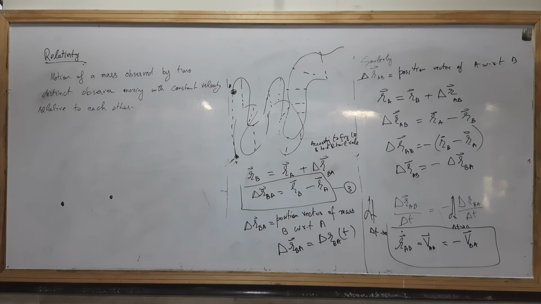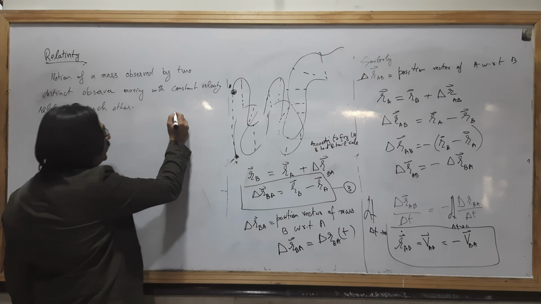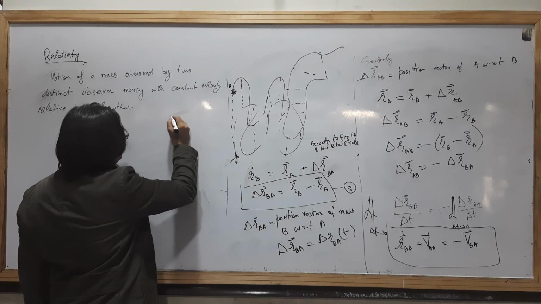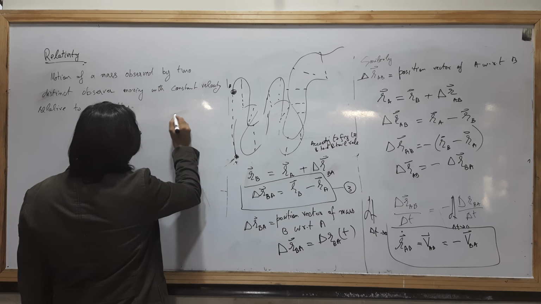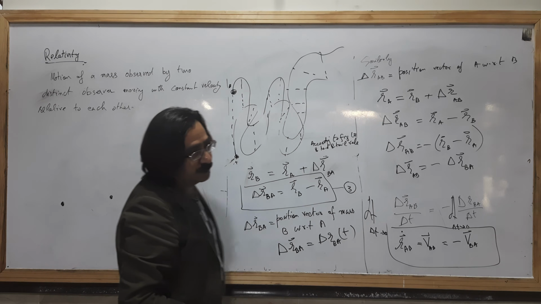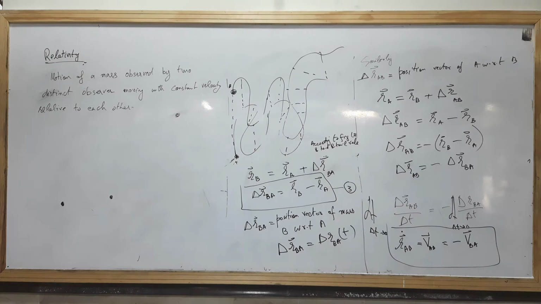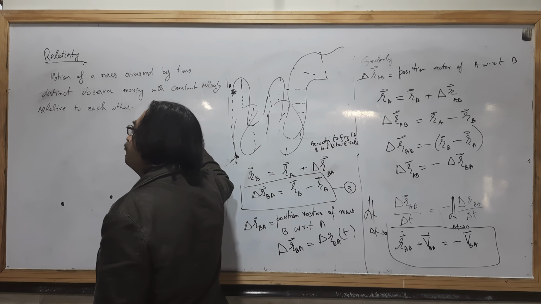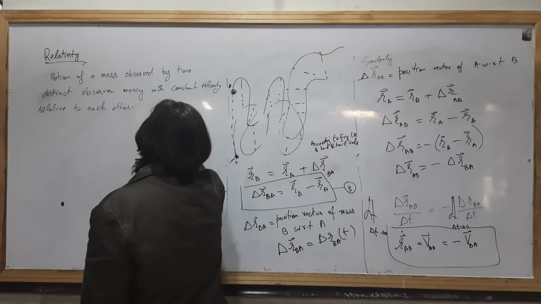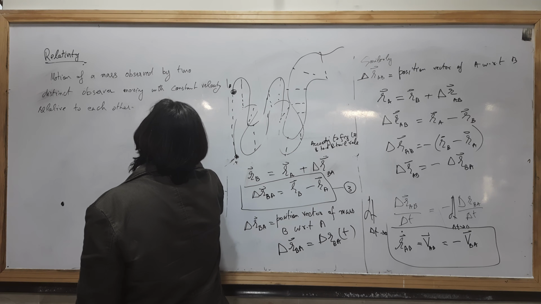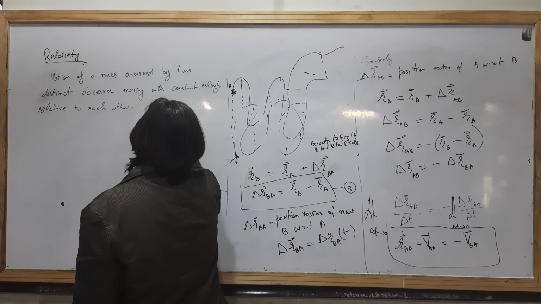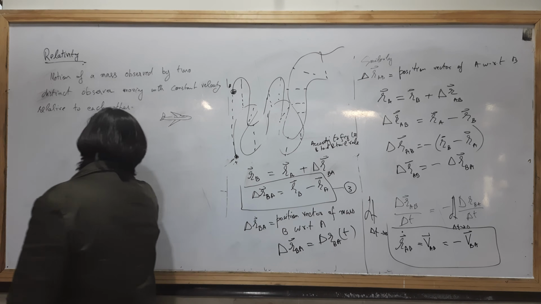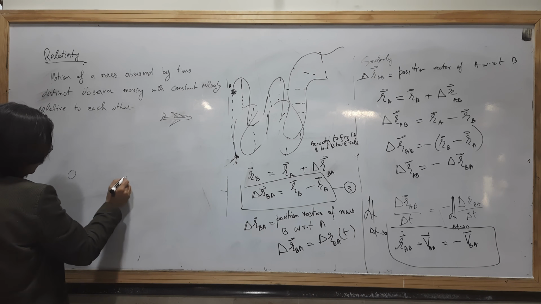and they are observing something, like a kite or a plane flying, two persons are observing.